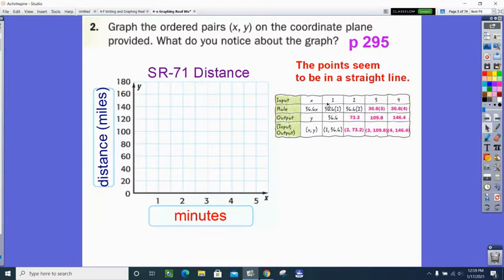So basically, you look at your axis, and for our table, we're only going up to 4. So on this axis, notice I'm using basically 2 blocks for 1 minute. So each block is half a minute. So 2 blocks for 1, then another minute, 2 blocks, another minute, 3 would be 3 blocks, and so forth. Now, when I go this direction, I have to make sure I get up to at least, say, 150.